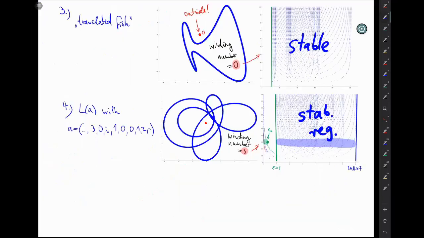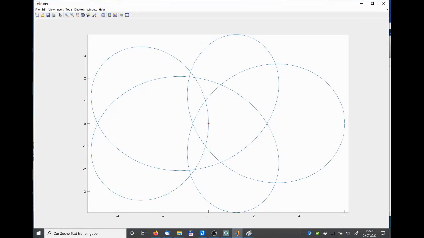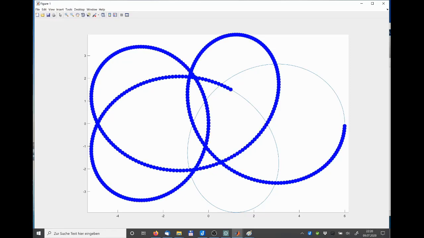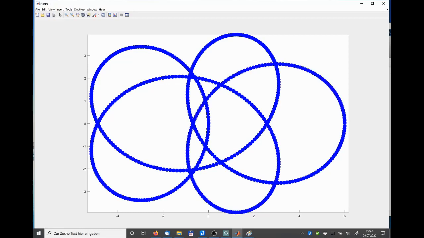And now let's look at the fifth and last example. And here we go. This is actually not looking good because the curve seems to run through the origin. Let's see whether that's happening. Yes. So it's running through the origin, which means our operator is not invertible, which is actually not a big deal, but in fact one can show that it's badly not invertible.